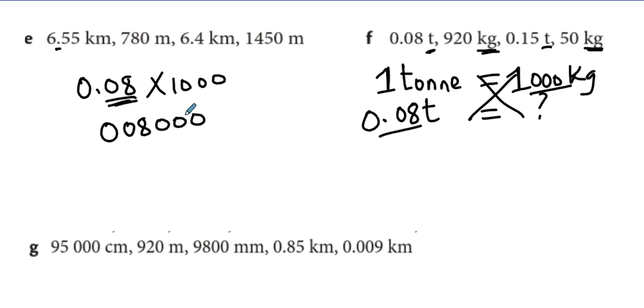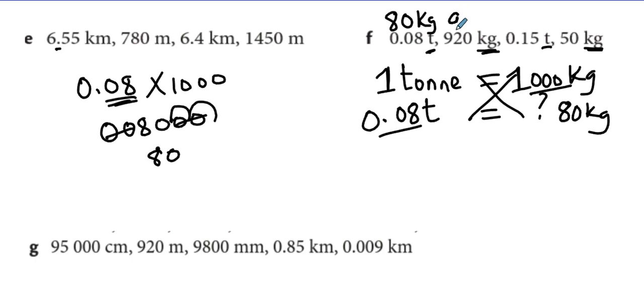Count 2 decimal places from your right hand side, 1, 2 decimal places. So the answer will be 80. So this will be 80 kg. And you put it here, 80 kg. 920 will remain the same because it is already in kilograms.